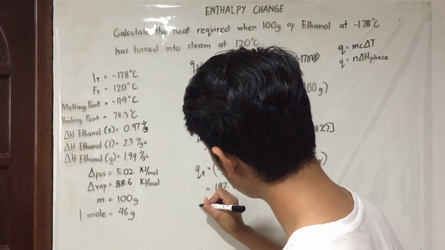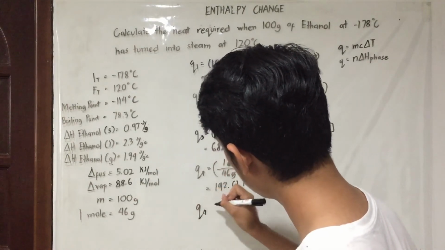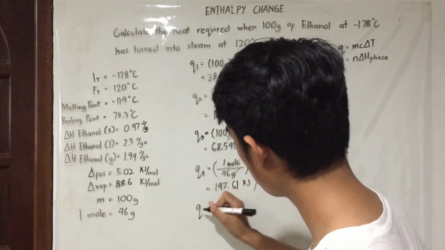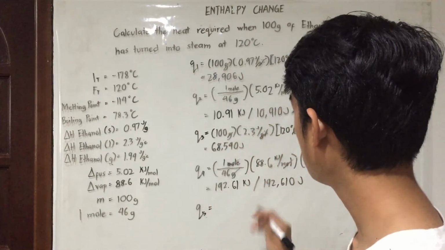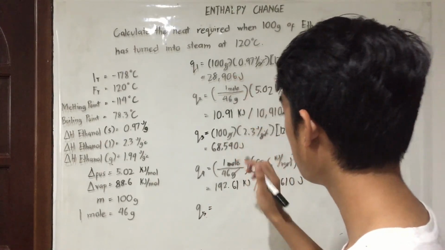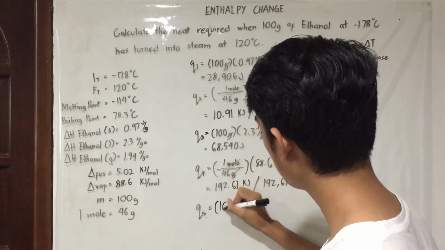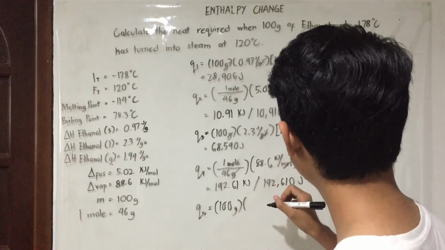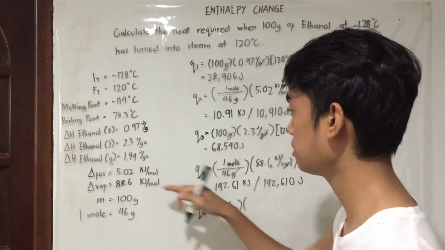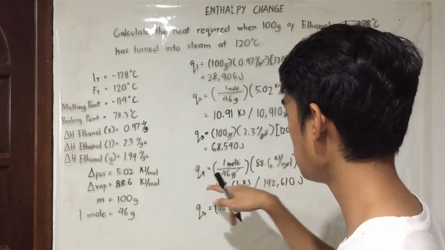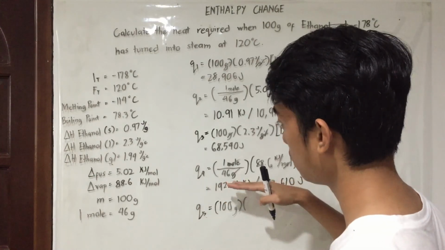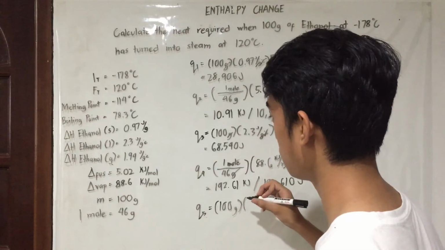For our last one, not a phase change anymore, I mean Q5, not Q4, Q5. Same formula, just like in Q1 and Q3. We're just going to do the same process, but this time it's in gas form, because here our ethanol vaporized in Q4. Now it has become gas phase.